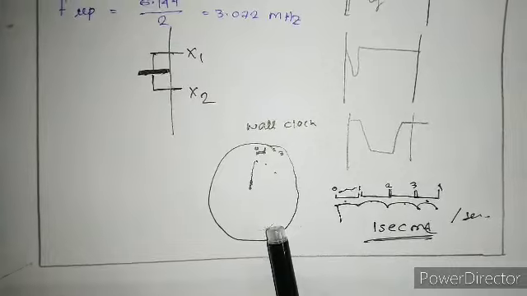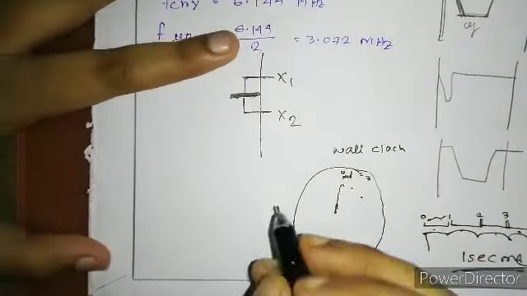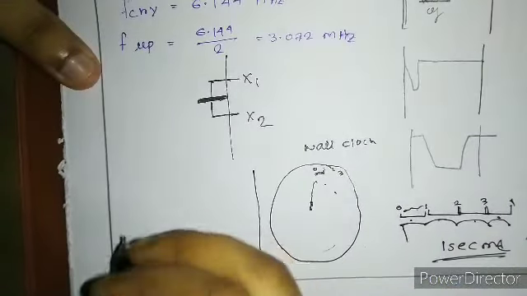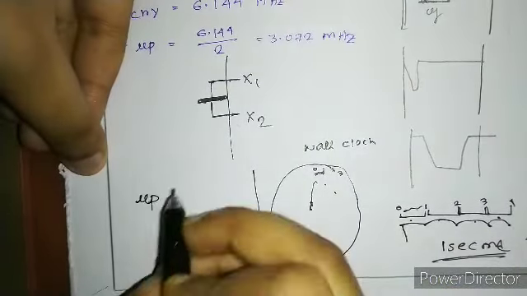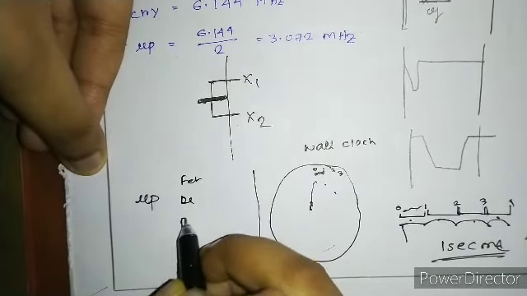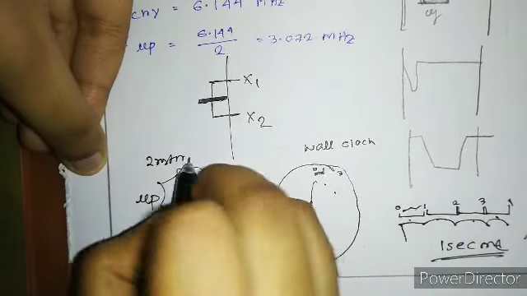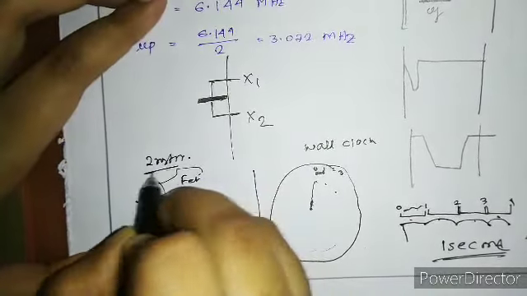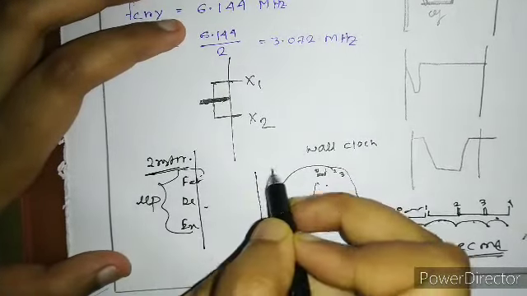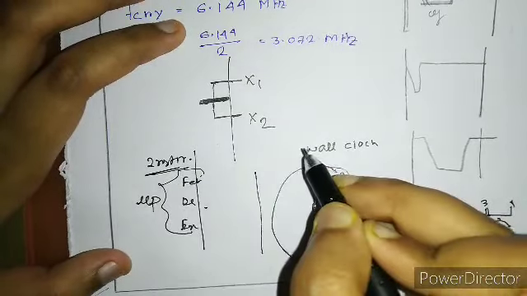Now the second thing: you know that the microprocessor performs certain operations. So what is the microprocessor used to do? Fetch, decode and execute. This whole process is called the instruction cycle. Once one instruction cycle is processed, another is performed, and this keeps on going, right?